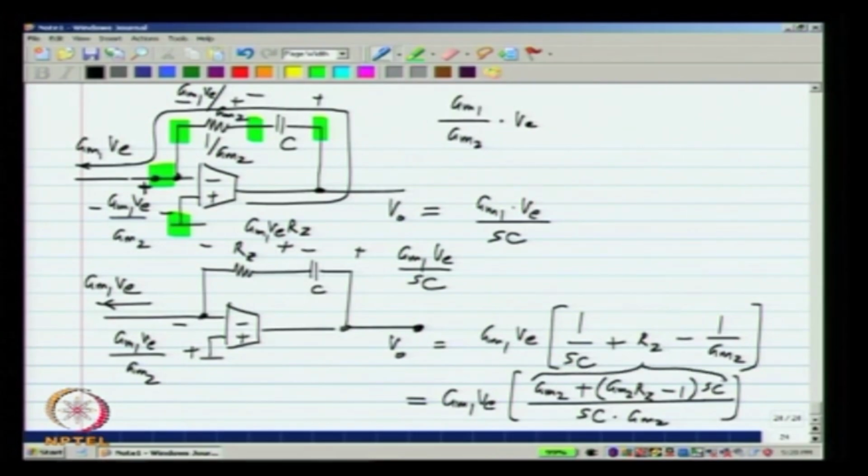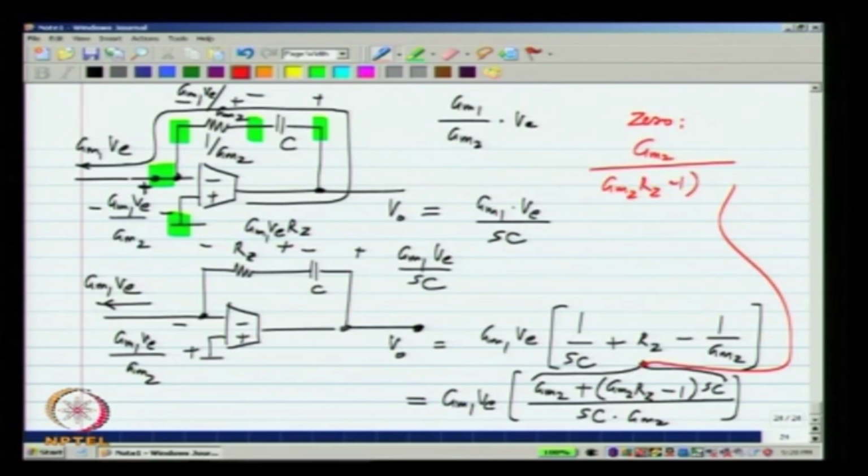So, the numerator there is a 0 and the 0 is at Gm2 divided by Gm2 RZ minus 1 times C, and the negative of that one.